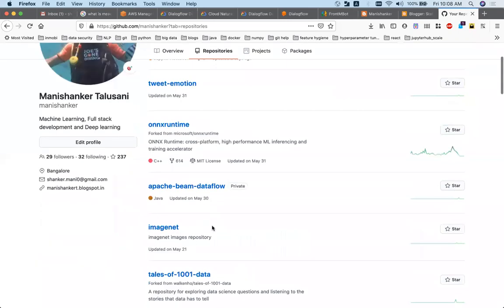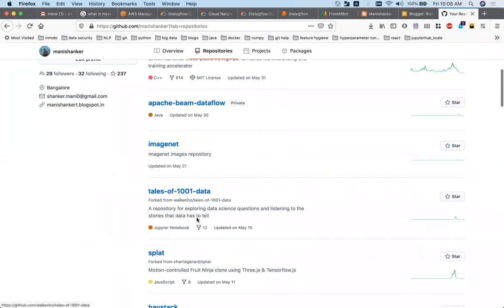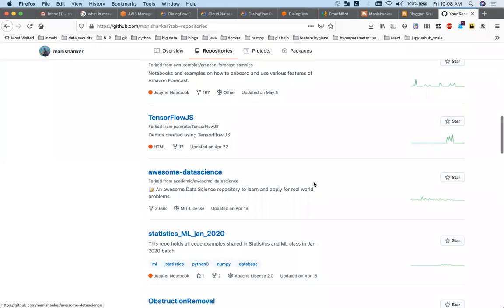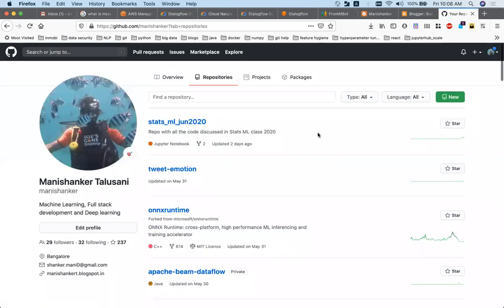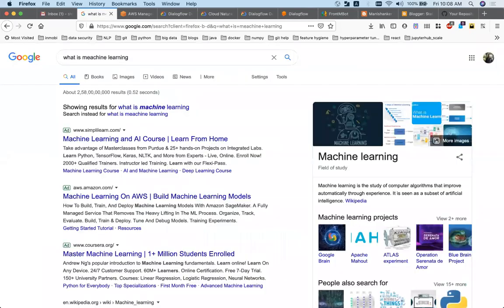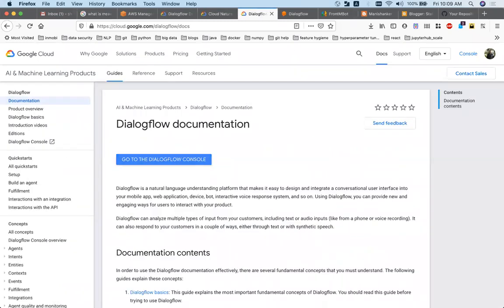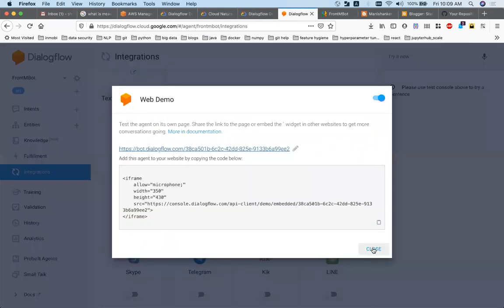Looks like he's doing some code, like ImageNet, so some machine learning projects. There is TensorFlow, some data science. These projects were updated two days ago, which is very active. So these are the things that will definitely improve your chances a lot. These projects definitely you can write in your resume, right?